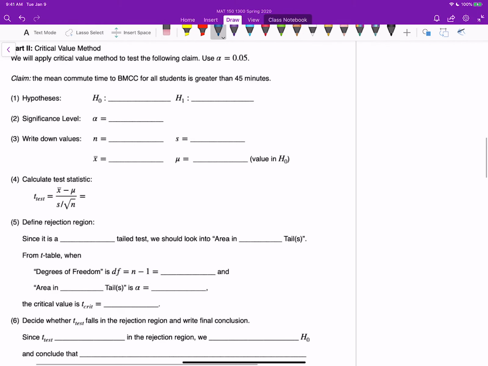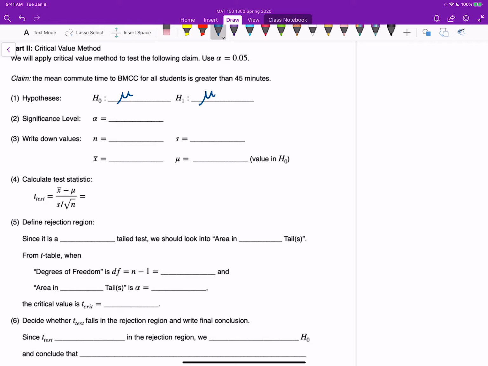For a hand-performed hypothesis test, we highly recommend that you apply the critical value method, which is the next part we're going to cover. We'll apply the critical value method to test the same claim that the mean commute time to BMCC for all students is greater than 45 minutes. Let's set up the hypotheses. Since this is about the mean, our parameter will be mu.